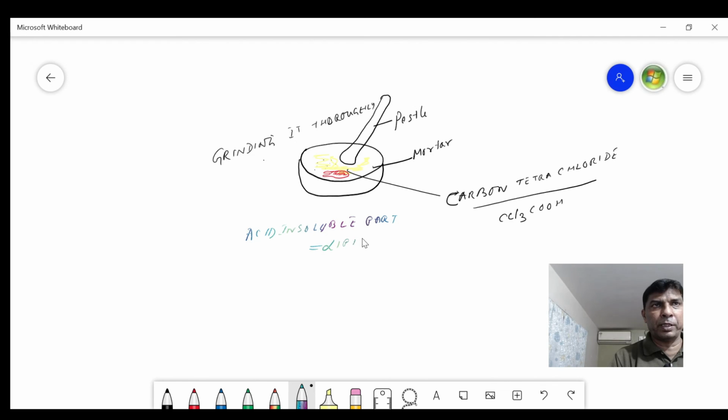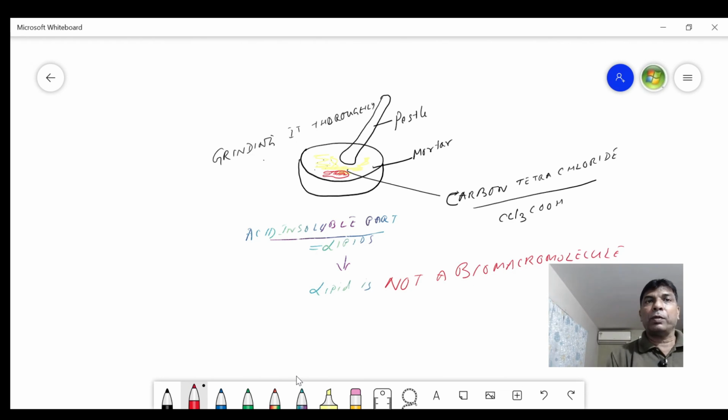But though it is placed in the acid insoluble part, lipid is not a biomacromolecule. Now this question comes in the NEET examination: though lipid is placed in the acid insoluble part or in retentant, why is it not regarded as a biomacromolecule? So try to find out the answer to it.